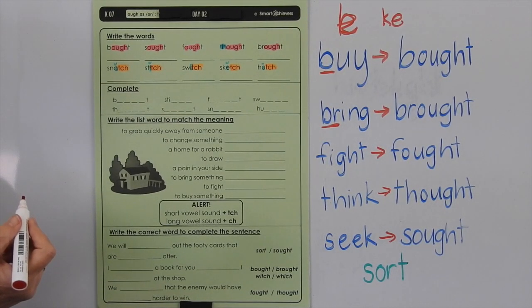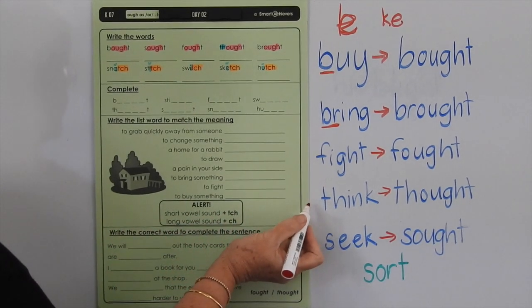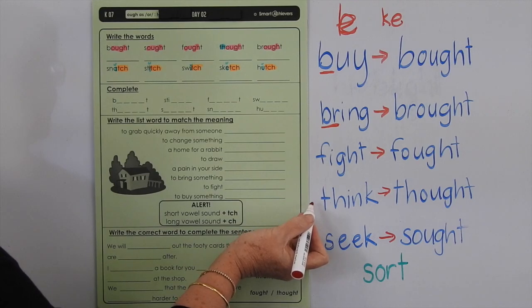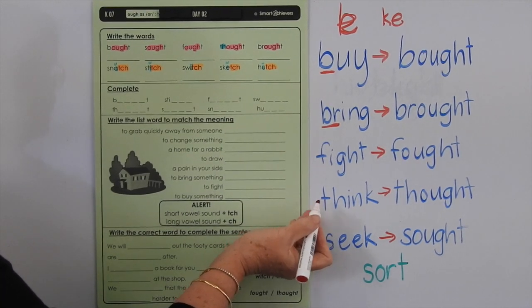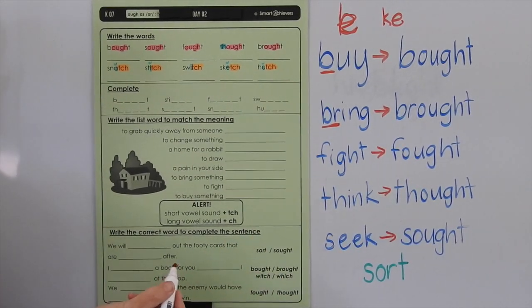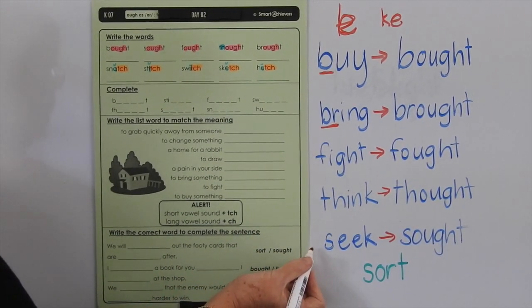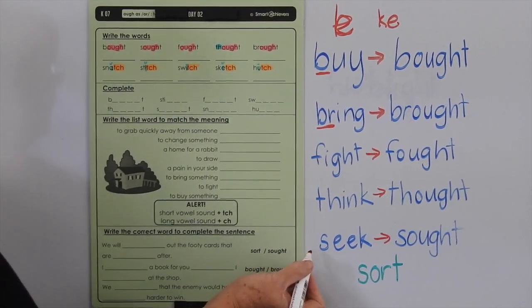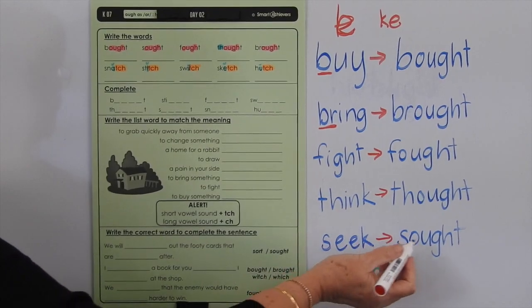They fought over the ball. Think, you might say, I think the answer is this, 1 + 1 is 2 or something. Yesterday I thought about it. You wouldn't say thinked. Seek, we will seek out a new car. Yesterday we sought out a new car. Means you had to find one.